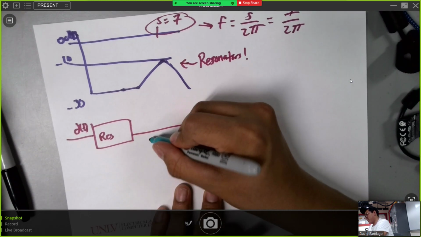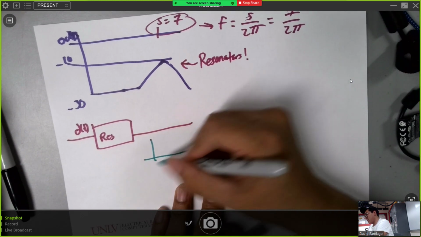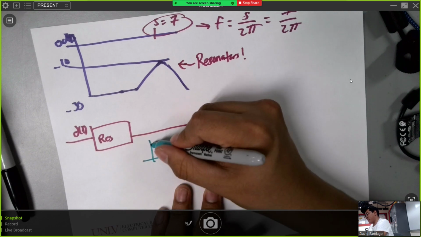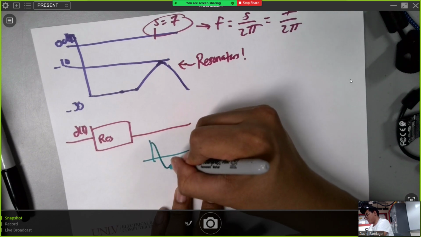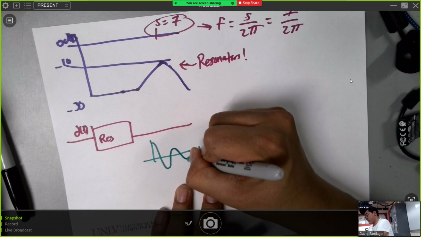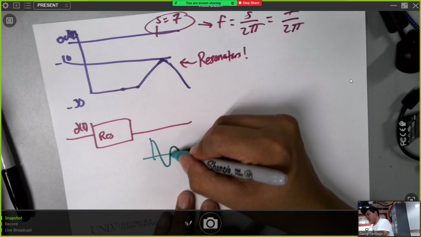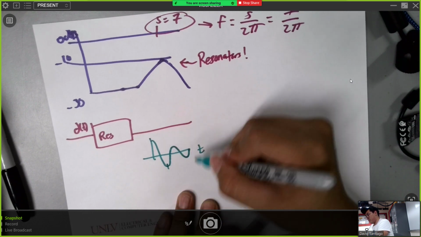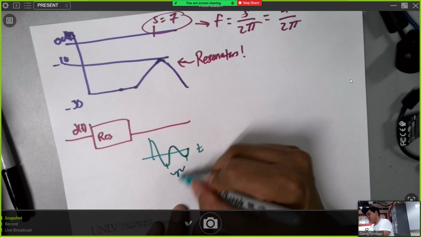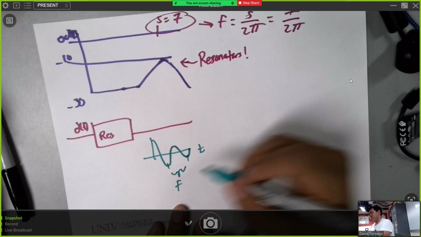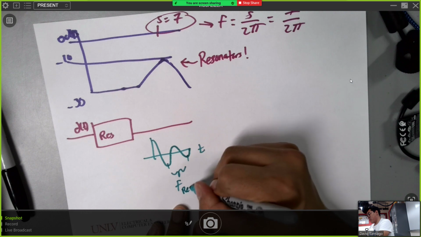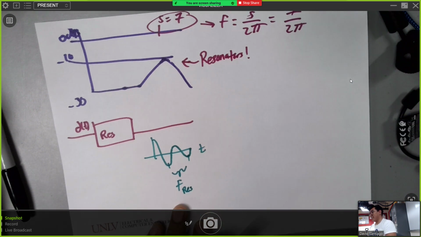Let's see, t, the time domain. You're going to see something like this, where from this point to this point is equal to f. That's your frequency, your resonant frequency. That's what it means.